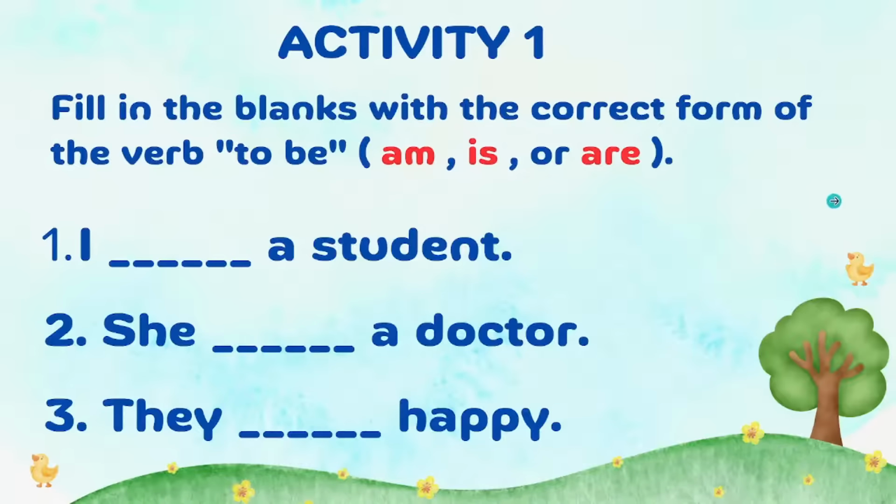Activity right away. As I said, for the to be or be verb, either am, is, or are. For the pronoun I, am is the only be verb you are going to use. And the be verb is is used for he, she, and it.